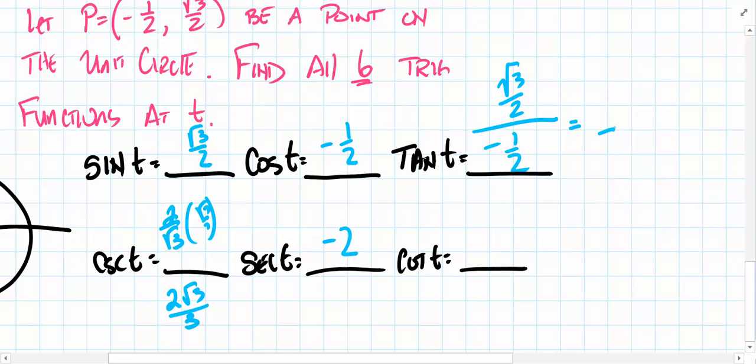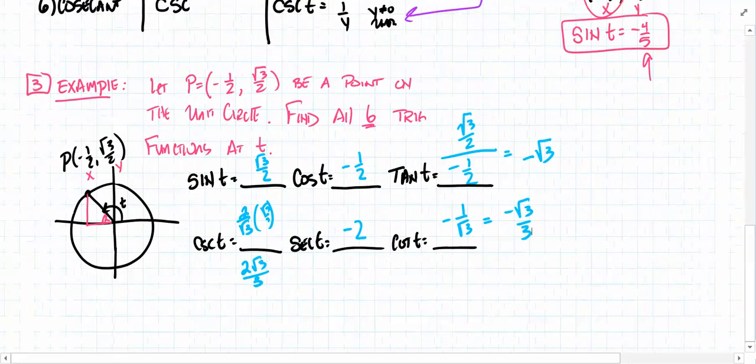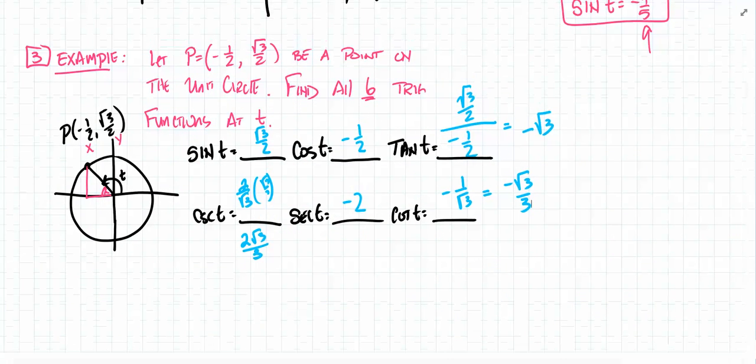Okay, so if the tangent is negative rad 3, what is the cotangent? Yes, negative 1 over rad 3. Rationalize that, it becomes negative rad 3 over 3. And you have now found all 6 trig functions at point t, where t corresponds to the point P.